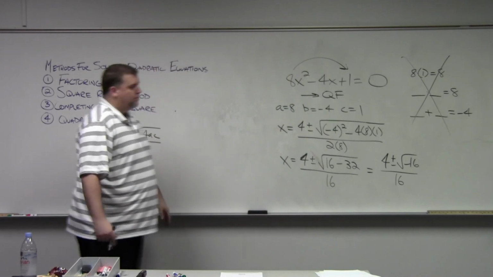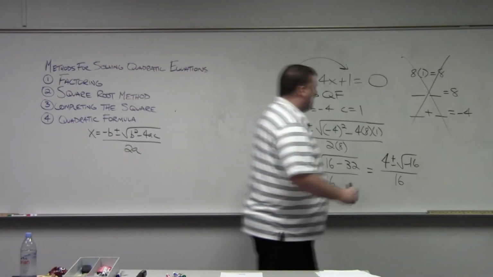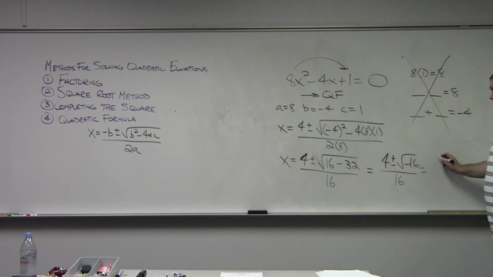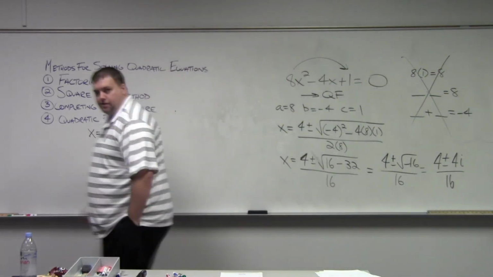Can I simplify that radical? Yeah, it would be 4i, because it is the square root of negative 16. So 4 plus or minus 4i over 16. Is there any way I can reduce that fraction?